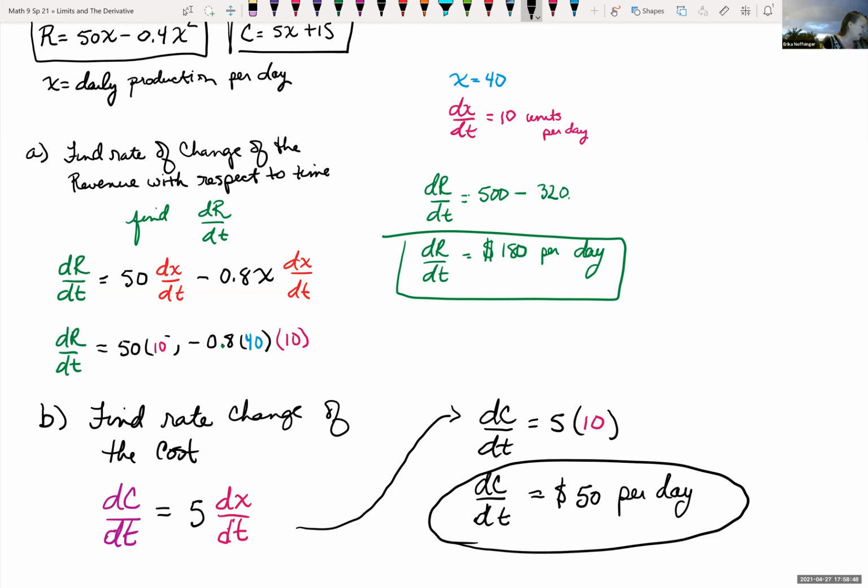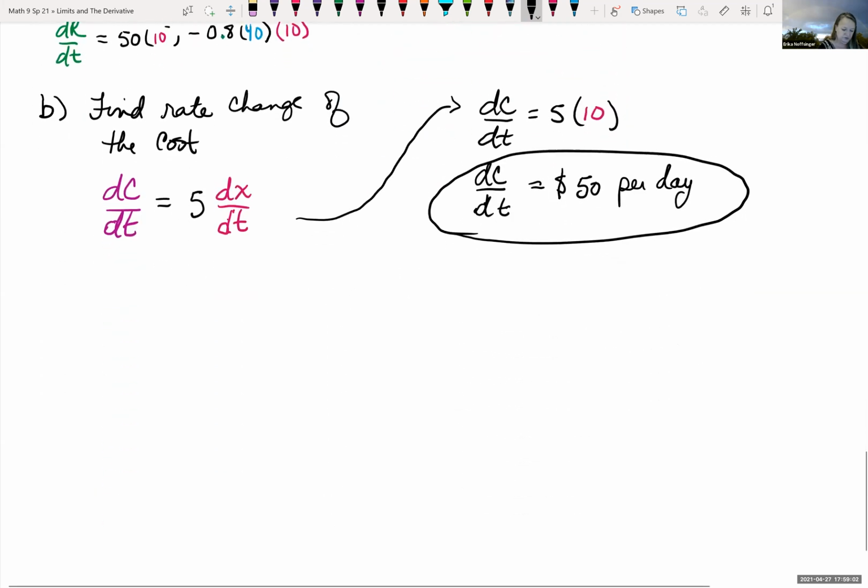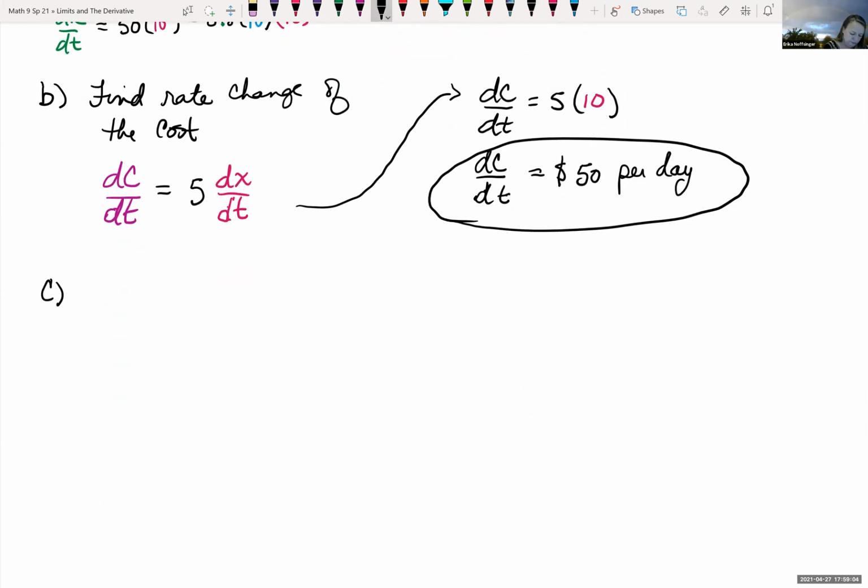And then the last part is asking us to find the rate of change of the profit with respect to time. Find the rate of change of profit.